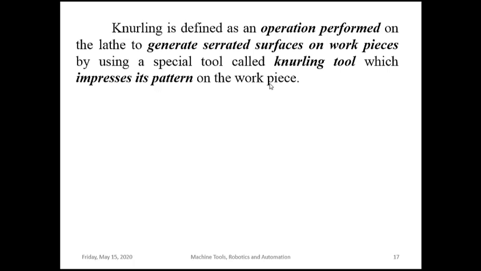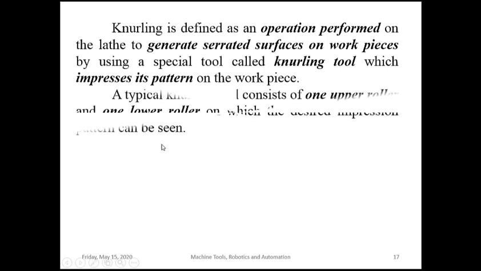When the knurling tool comes in contact with the workpiece, the pattern on the knurling tool will come onto the workpiece when you apply pressure on the tool. That is how knurling will be done. We will see how it is done.